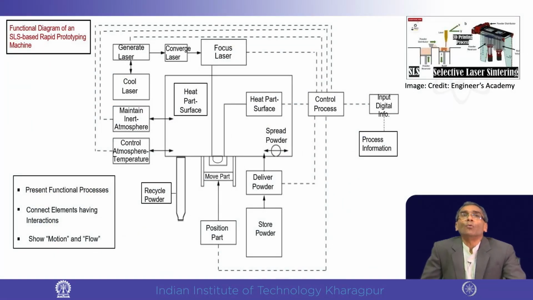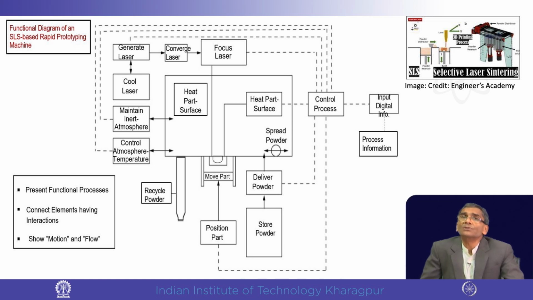Now, whatever we have discussed, let us examine with an example. The example is a rapid prototyping machine which works on the laser sintering principle of polymer powders. So, what happens? The process is first a laser process.